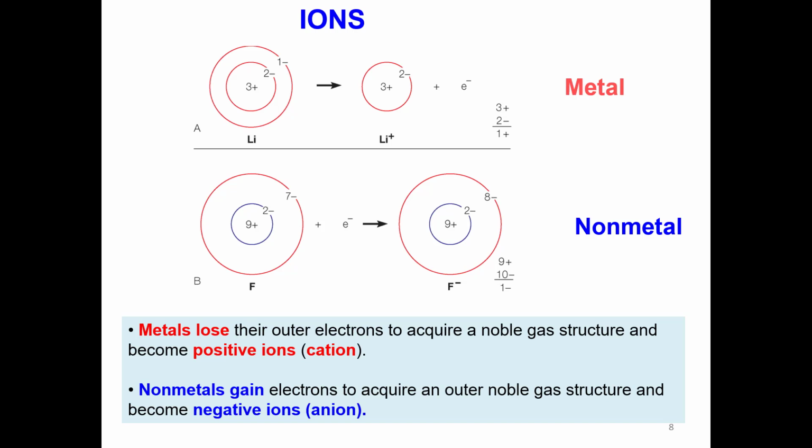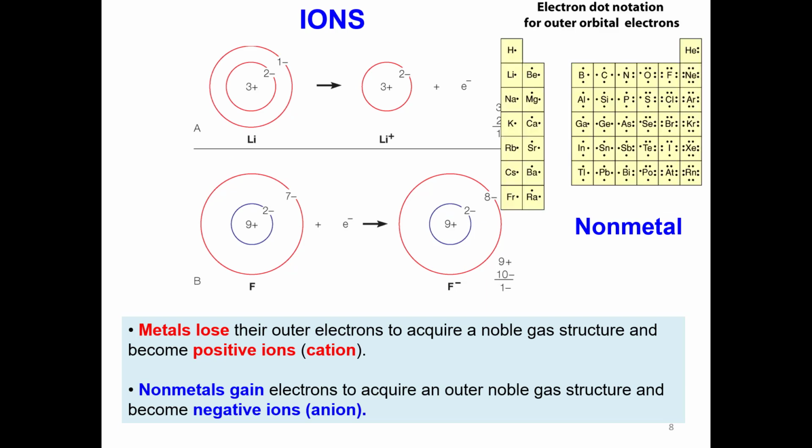Now let's check what happened with fluorine. How many electrons does fluorine have in the outer shell? It has 7. In order to be stable, fluorine needs to gain 1 electron to be like neon.